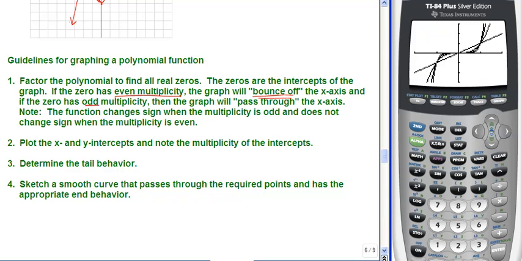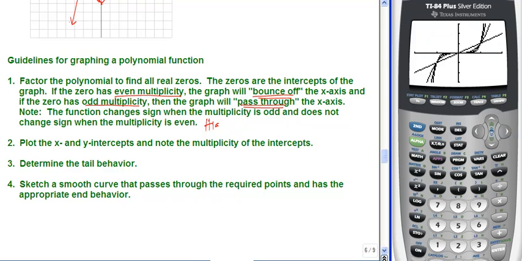If the zero has odd multiplicity, then the graph will pass through the x-axis. Note that this means that the function changes sign when the multiplicity is odd and does not change sign when the multiplicity is even. Let me add one other comment here.